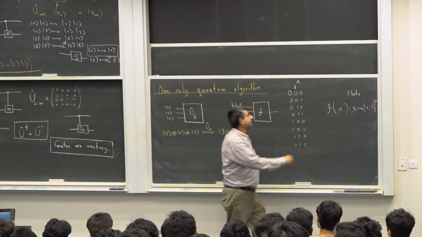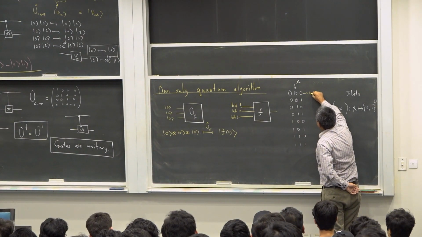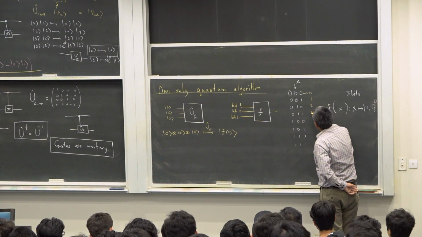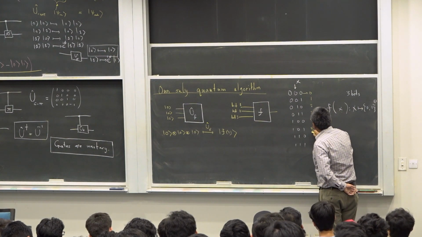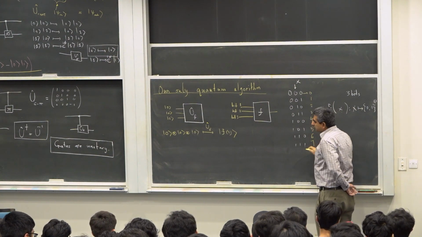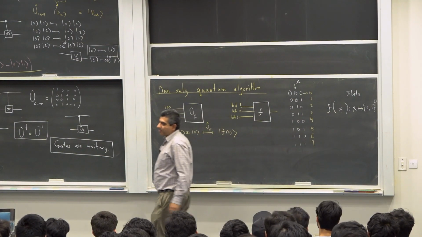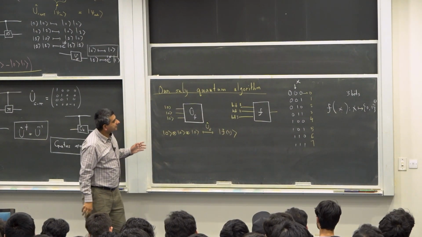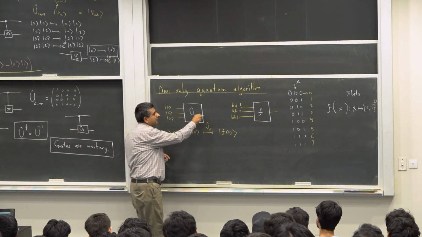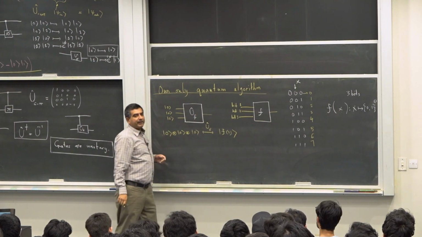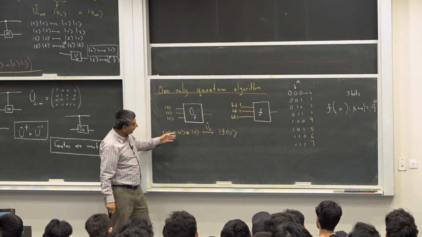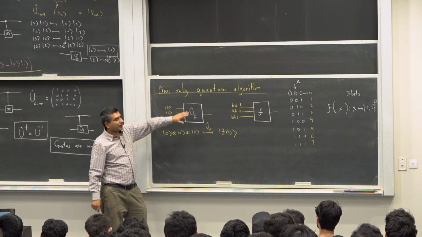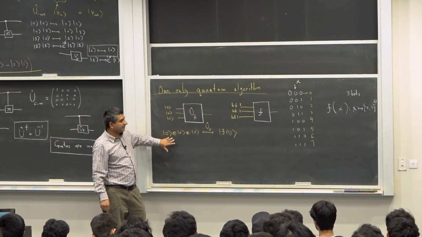Each of these strings has a decimal version, so this is 0, 1, 2, 3, 4, 5, 6, 7. So I can design my quantum computer such that my output encodes what the function does on this input state.